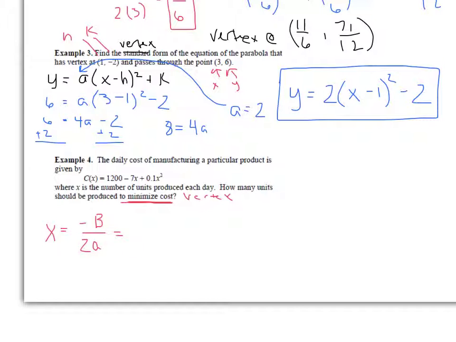So when I do that, our a is 0.1, so I have 2 times 0.1 on the bottom, and on top I have a negative negative 7. And when I clean that up, I get a 35. Now notice the x is the number of units that was produced that day. So when we want to know how many units should be produced to minimize cost, that would be 35 units.